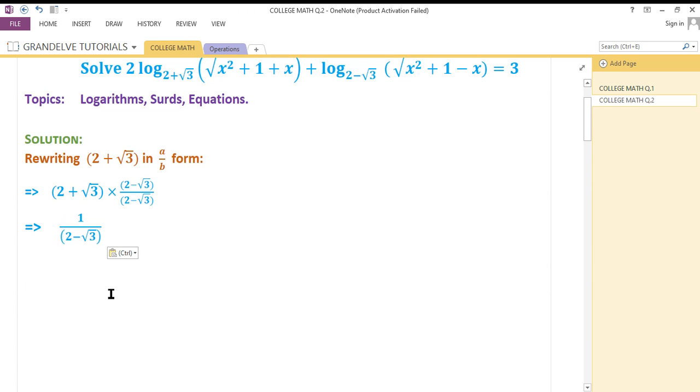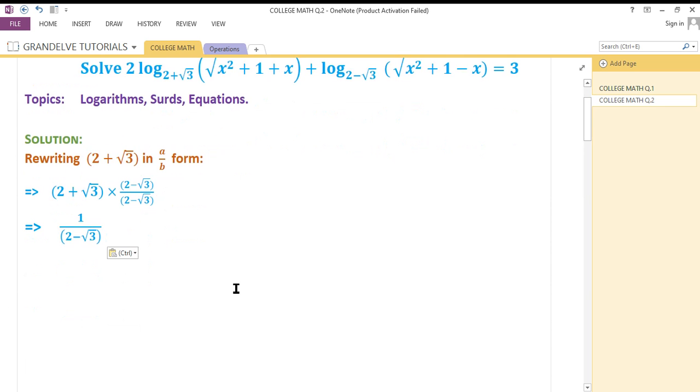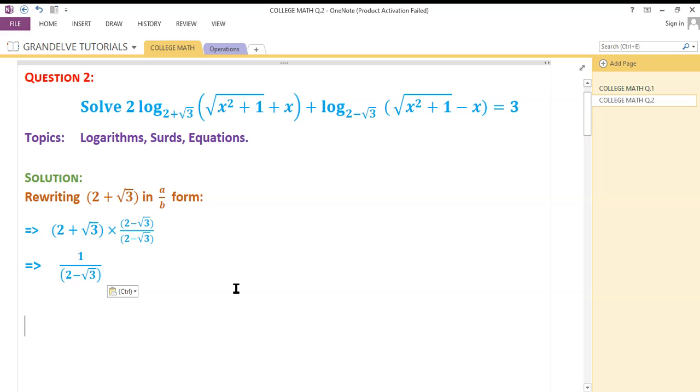And that is beautiful. Of course, this result is not the same as 2 minus square root of 3, but at least we can see that the operations between the expressions are the same. So that is a way forward. Let's hold on to that.